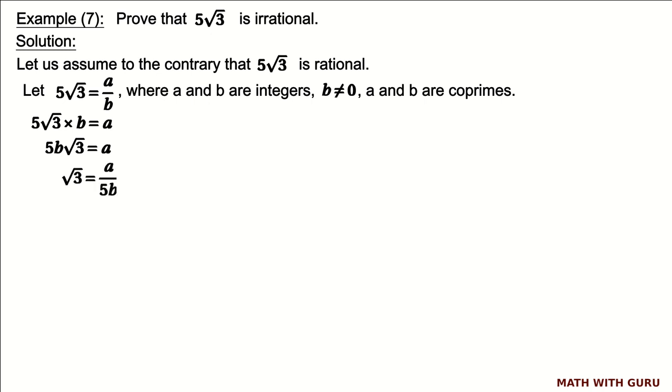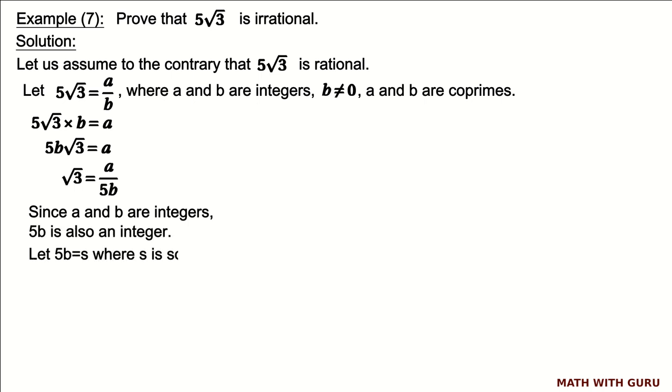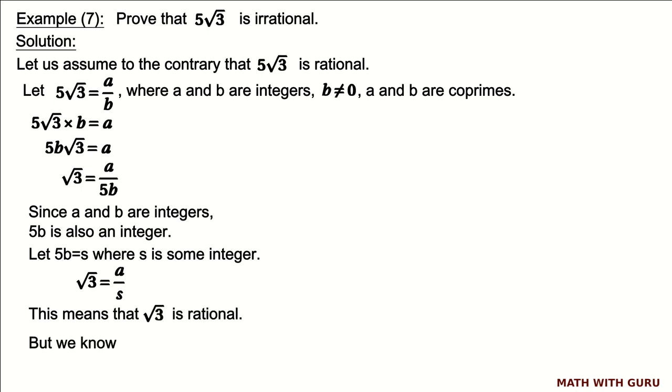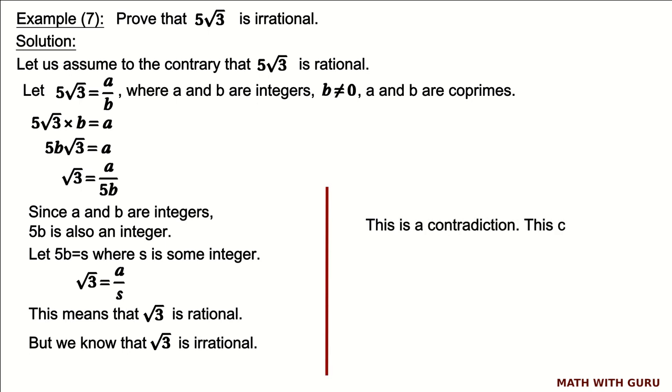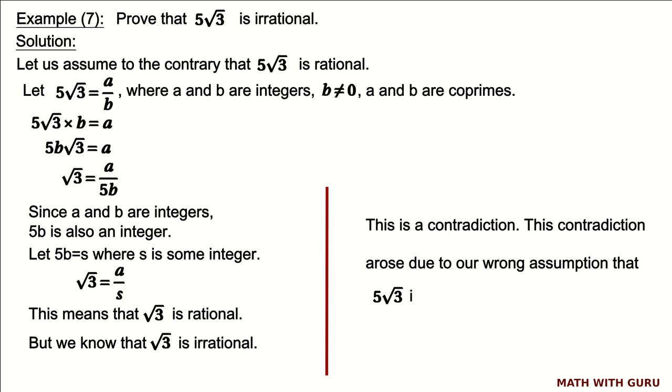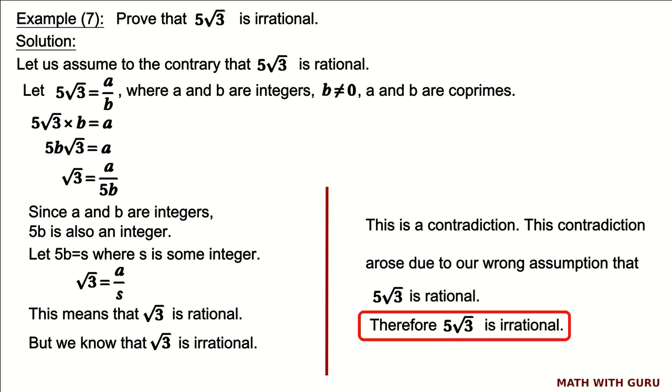Root 3 equals a over 5b. Since a and b are integers, 5b is also an integer. Let 5b equals s, where s is some integer. Root 3 equals a over s. This means root 3 is rational, but we know that root 3 is irrational. This contradiction arose due to our wrong assumption. Therefore, 5 root 3 is irrational.